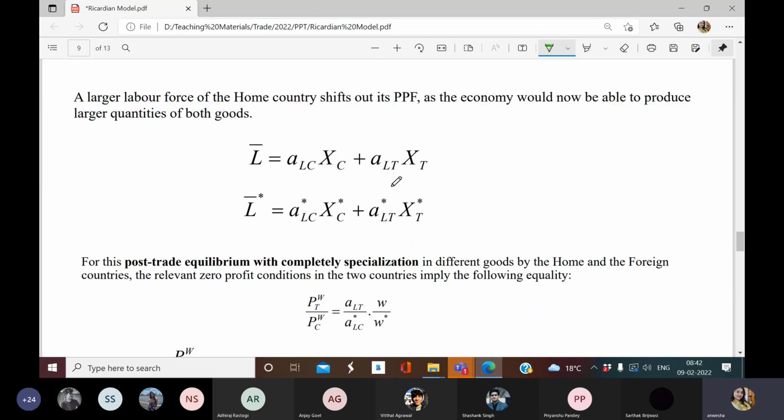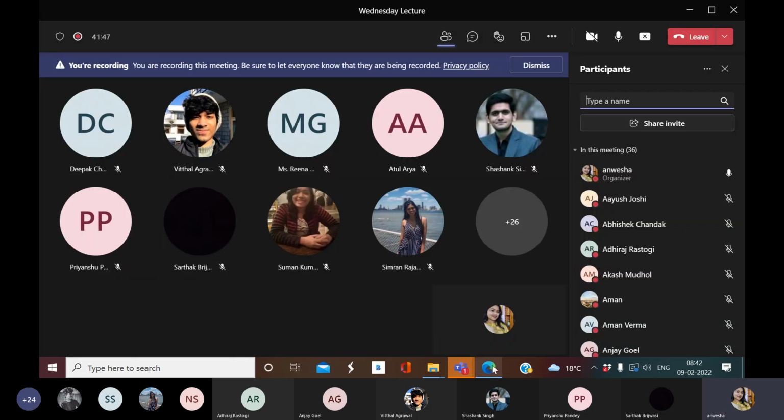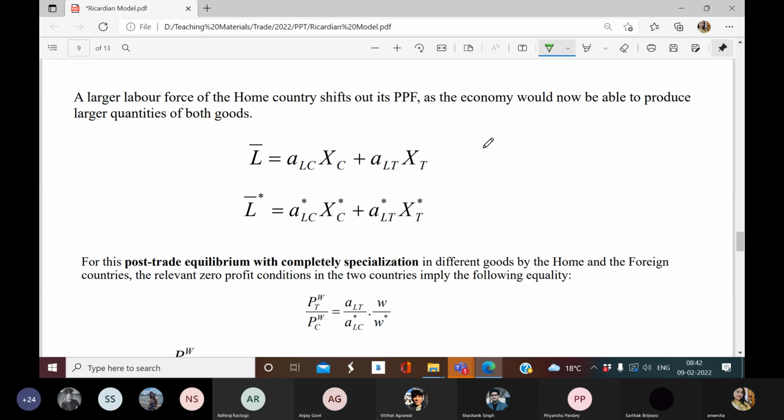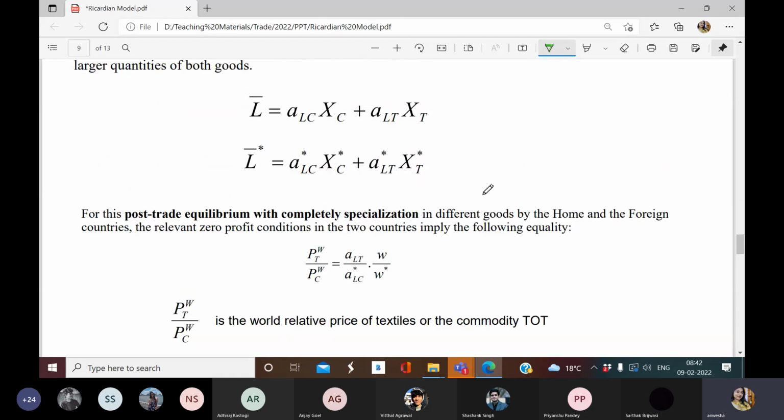Okay, now let us see what happens to the post-trade price. For that, let us write down the full employment conditions in the home country and foreign country. Full employment means demand is equal to supply: demand for labor is equal to the supply of labor.